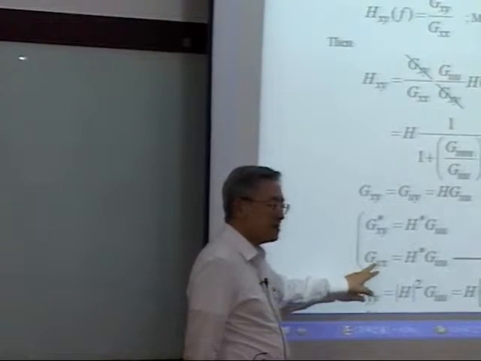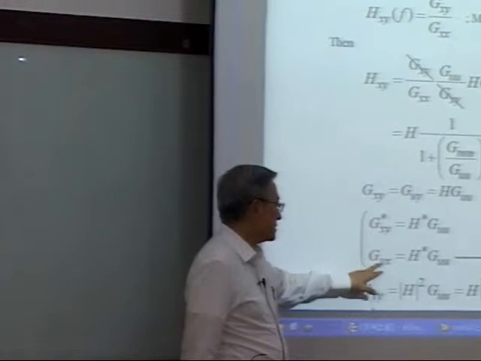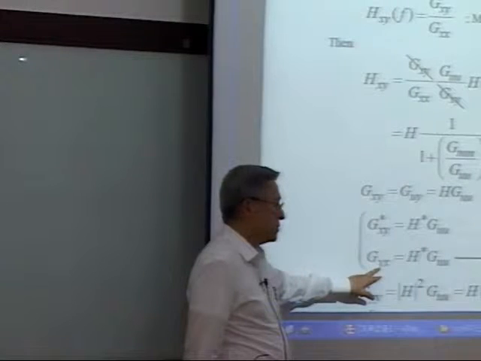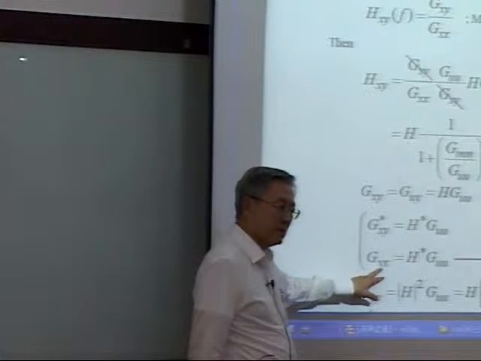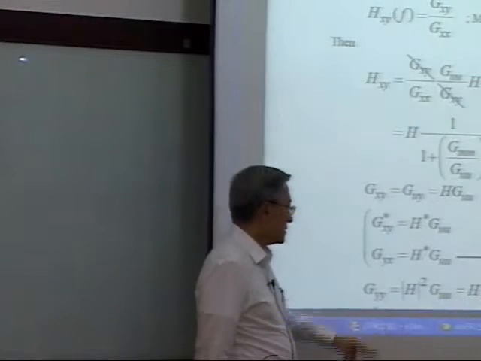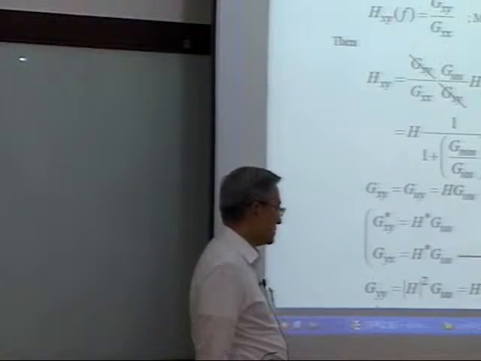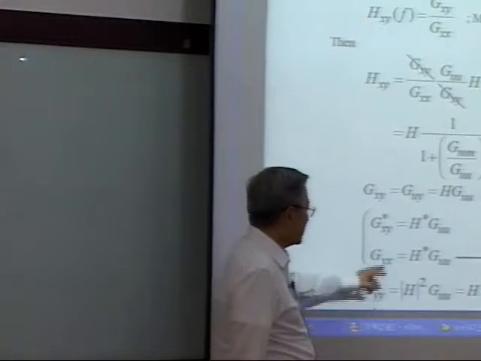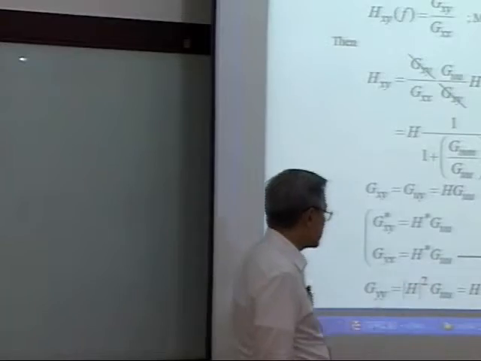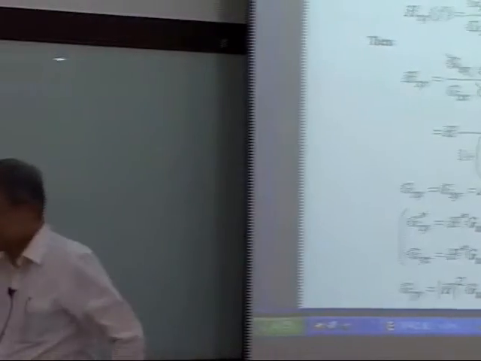This is not difficult to derive, but you have to know it. Otherwise, they will have a problem with H stars and all that.